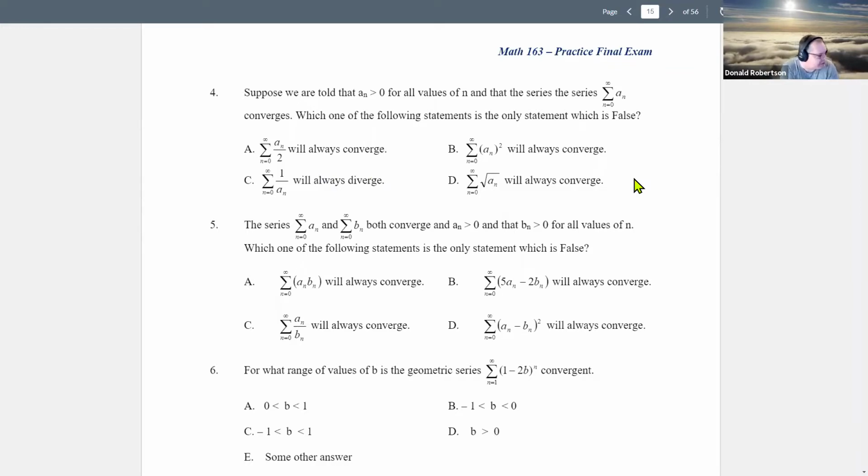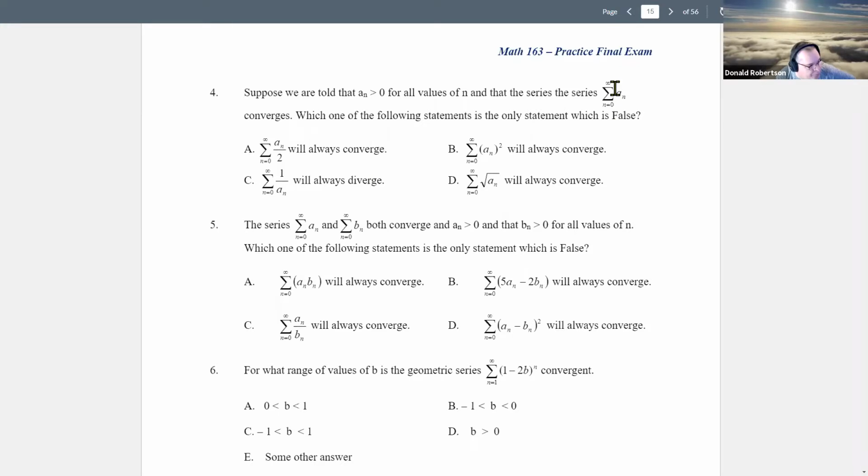B, C, or D? B. Correct. D, that doesn't always converge. That will, trust me. If this one converges, won't 1 over it get bigger and bigger and bigger? It'll be infinite.